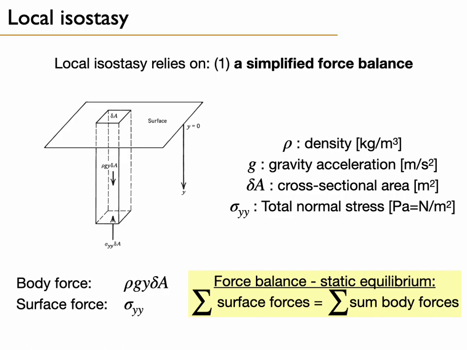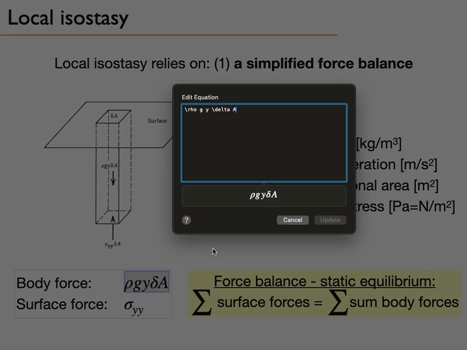Now we want to use the principle of force balance or static equilibrium, and we make the sum of the surface force equal to the sum of the body force. We have one surface force and one body force.